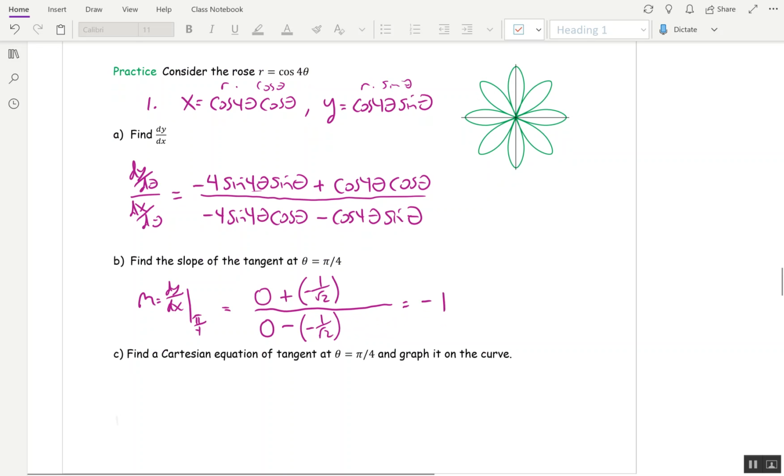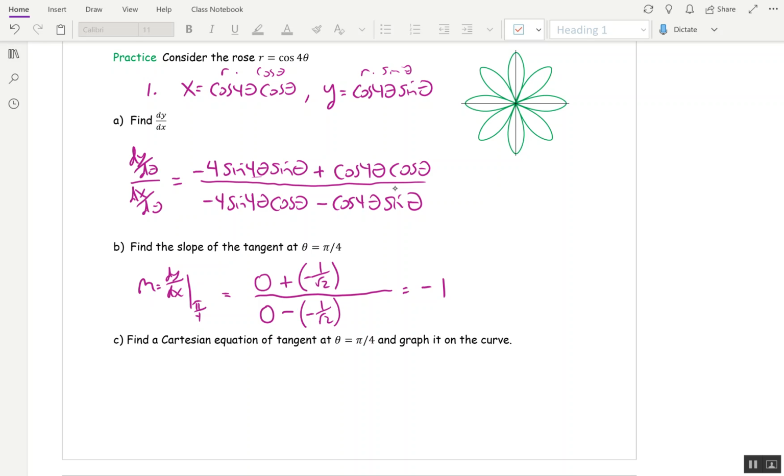And now I need x0, y0, because I want an equation for the tangent line. So that's going to be x at pi over 4, comma y at pi over 4. Now x and y are up above in step 1. So x at pi over 4 is cos pi times cosine of pi over 4. That's -1 over root 2.